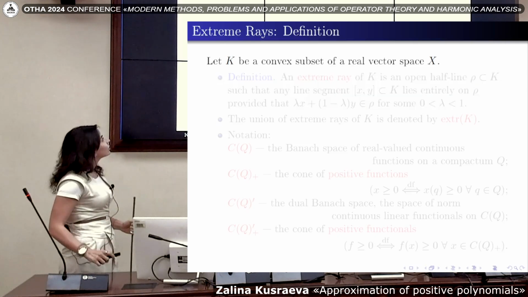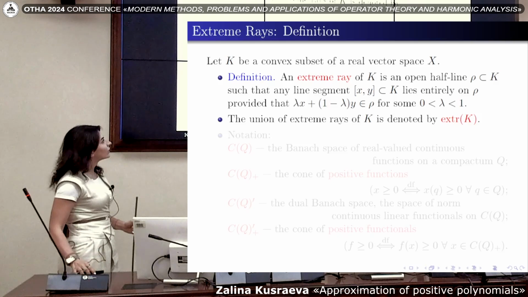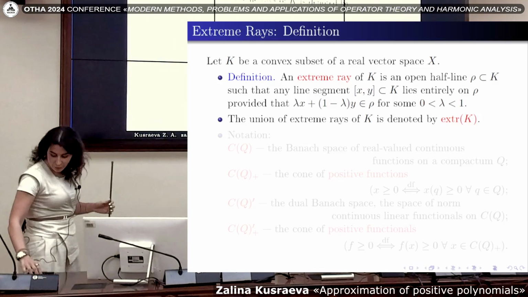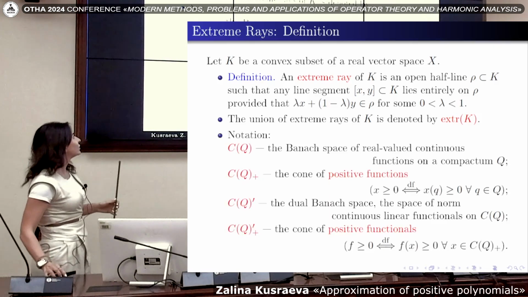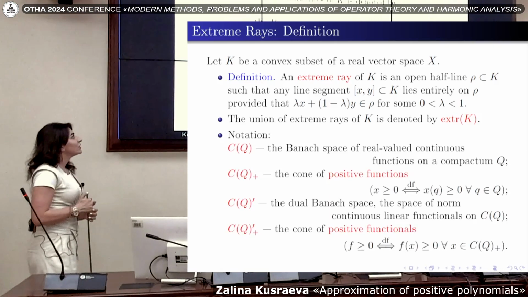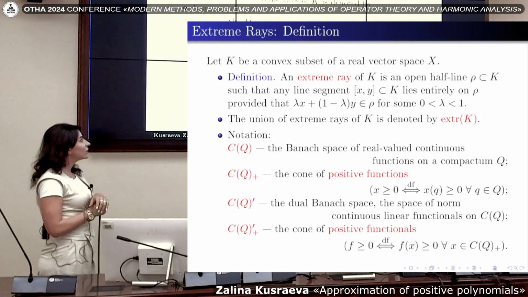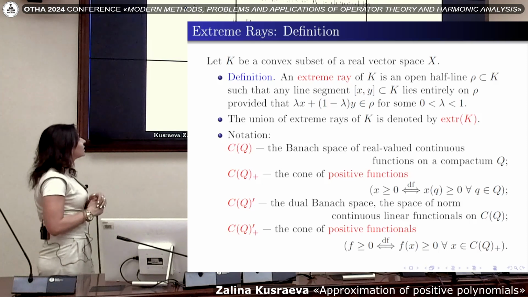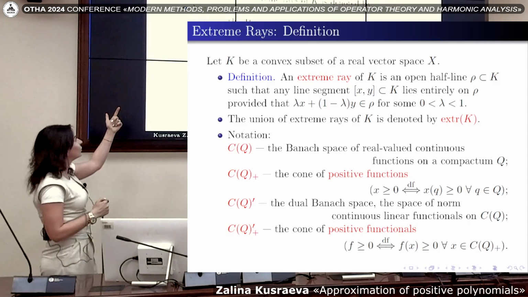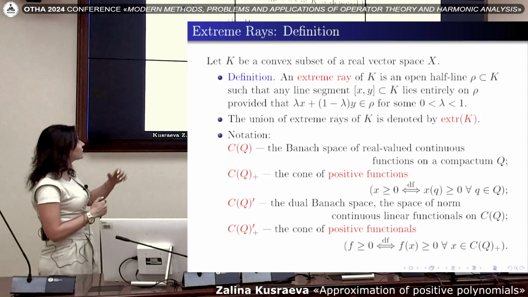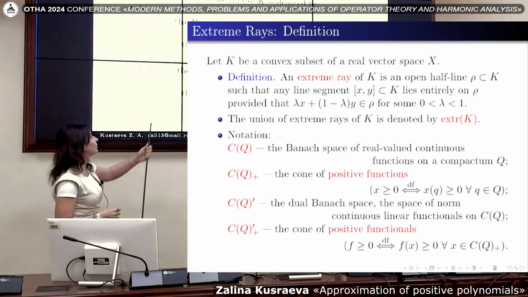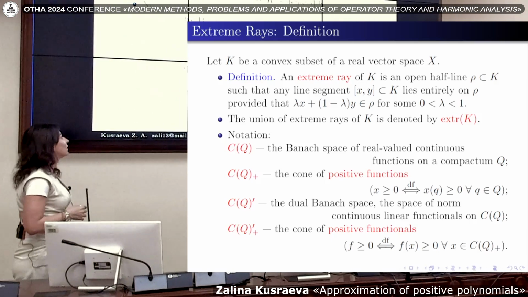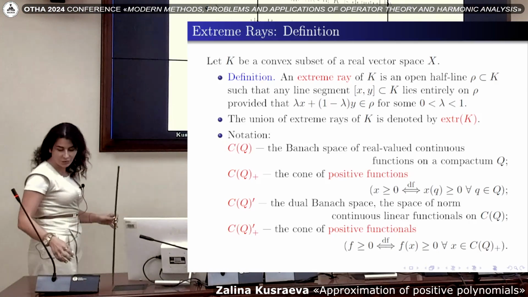As I showed, the union of extreme rays is denoted by this symbol, extr K, and I will also use the standard notations. C(Q) is the Banach space of real valued continuous functions on compactum Q. C(Q)+ is the part of C(Q) which contains only positive functions. C(Q)' is, as usual, the dual Banach space, and C(Q)'+ is again the positive part of C(Q)'.